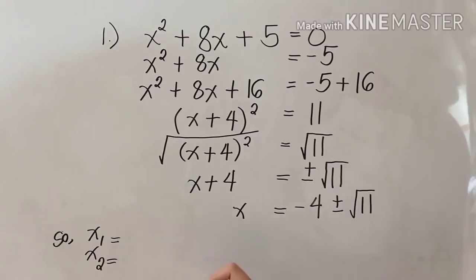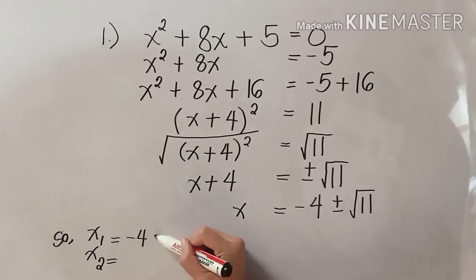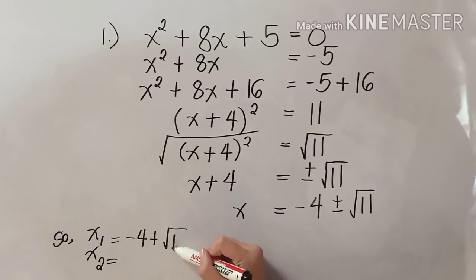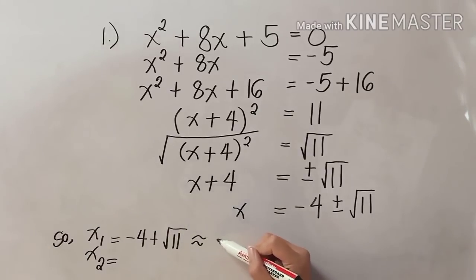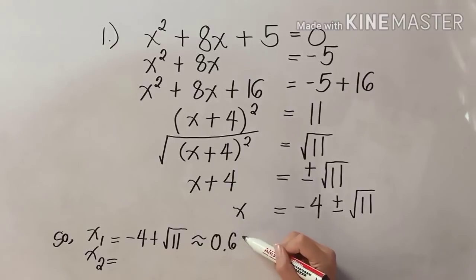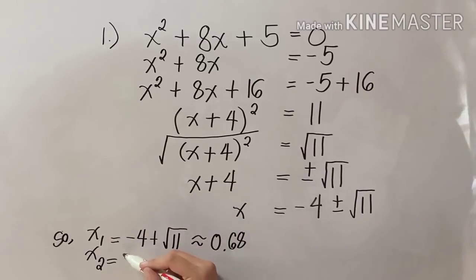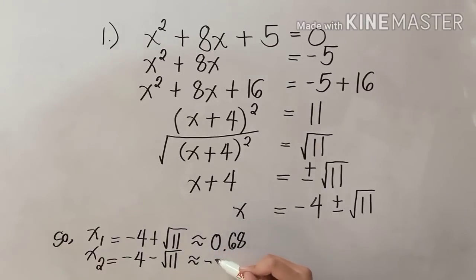In x sub 1, we'll have negative 4 plus square root of 11. That is approximately 0.68. While our other answer is negative 4 minus square root of 11, which is approximately negative 7.38.